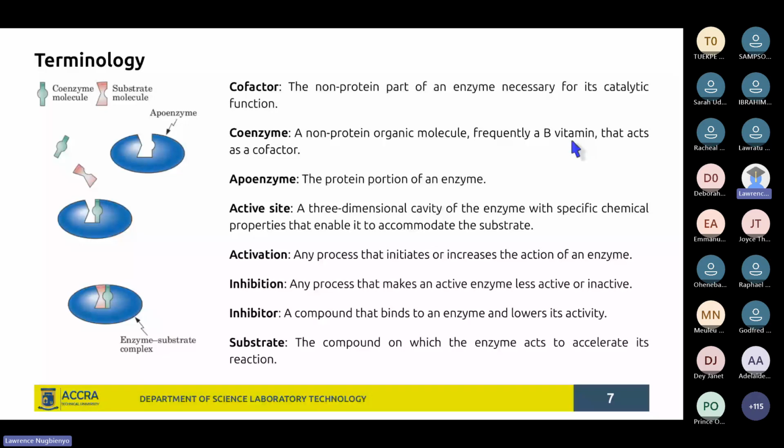Now the enzymes themselves, the proteins, you see them being referred to as apoenzyme. Sometimes you will see it also being referred to as an apoprotein. You see this term not being used for only enzymes. It can be used for other substances like hemoglobin, for instance.